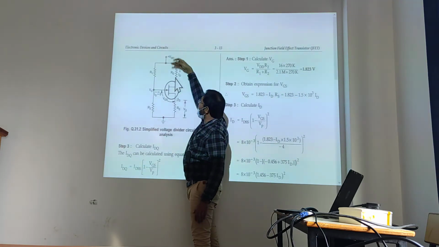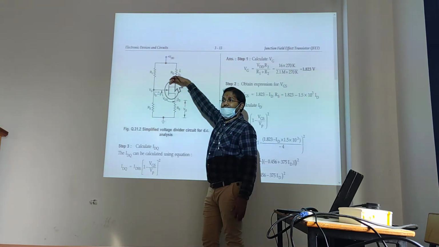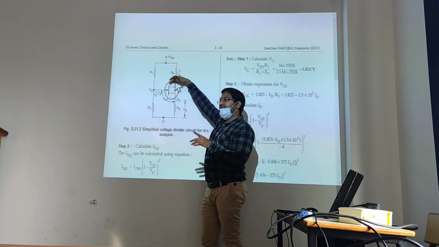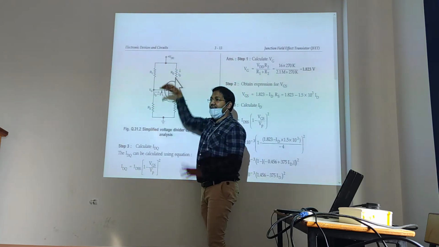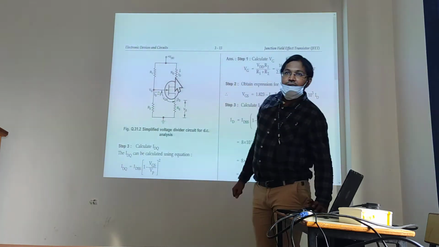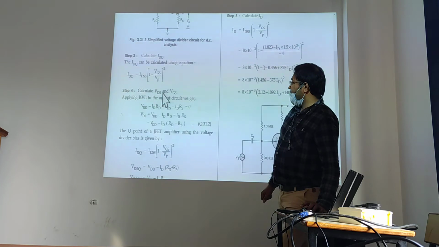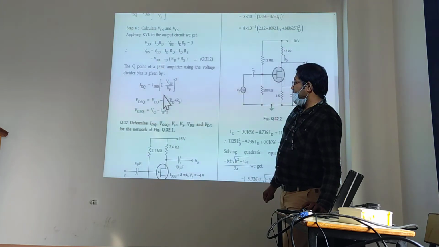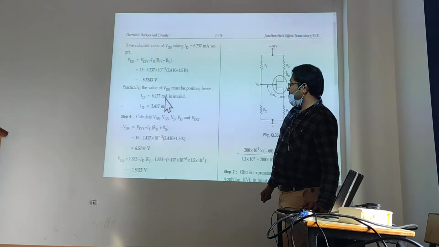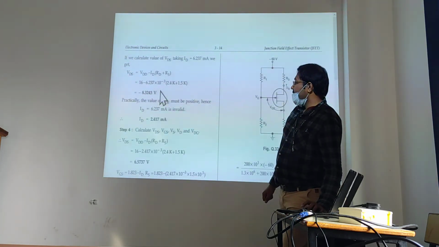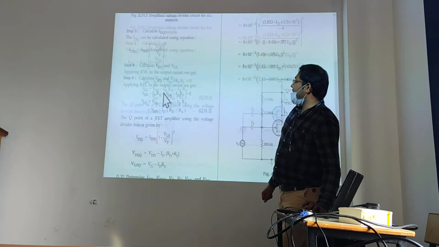So VDD minus ID RD we are coming here. That is correct. So VDD minus ID RD will give us VD.